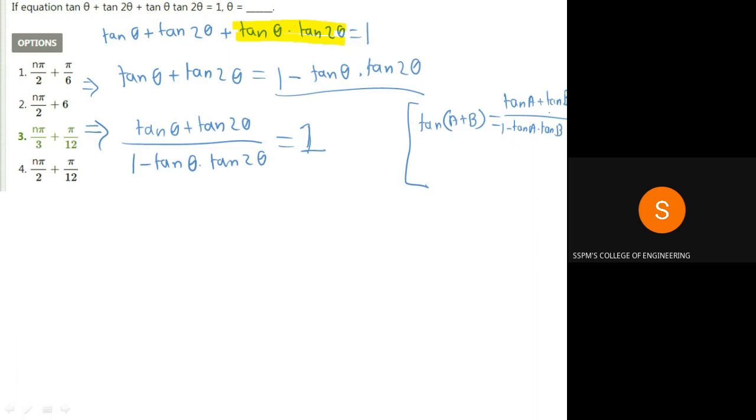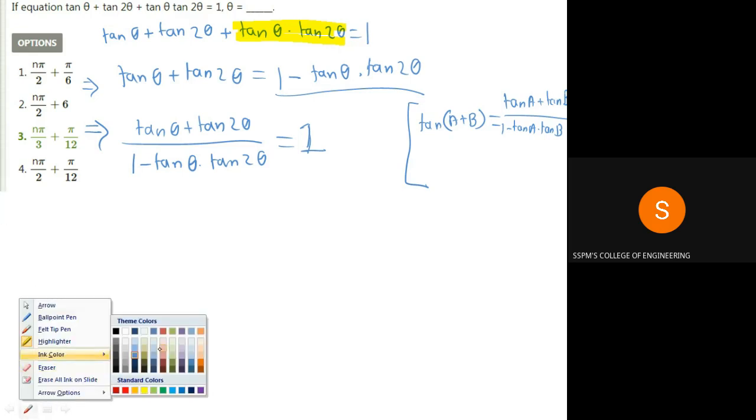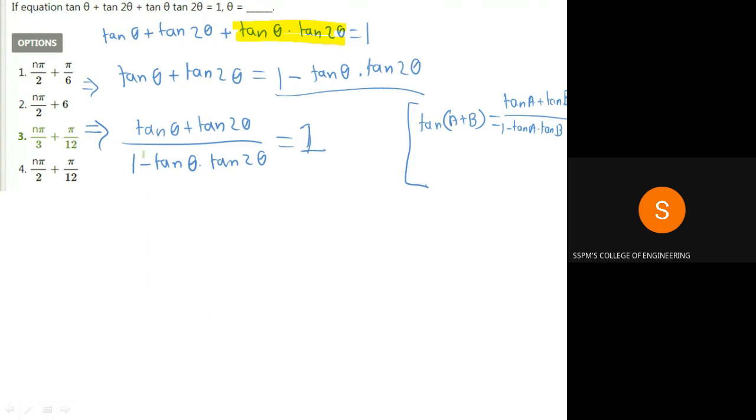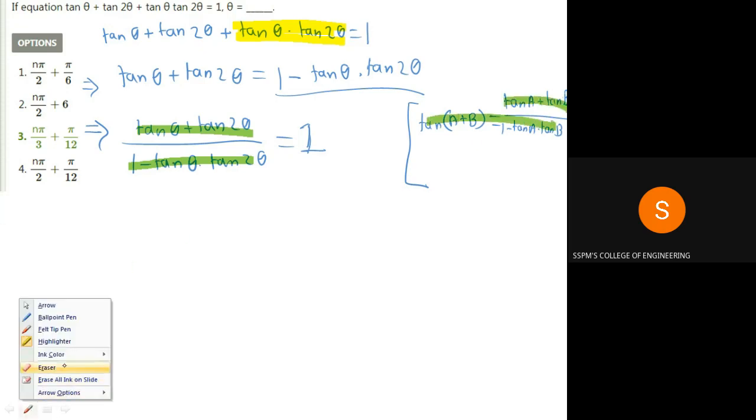So this also looks like this formula. So what can we do now?